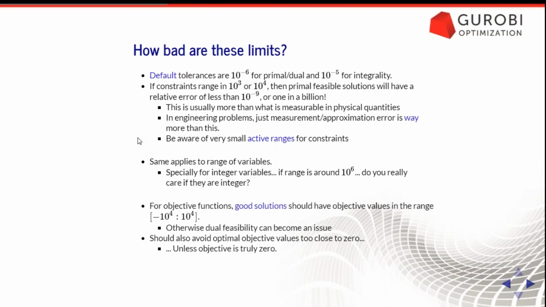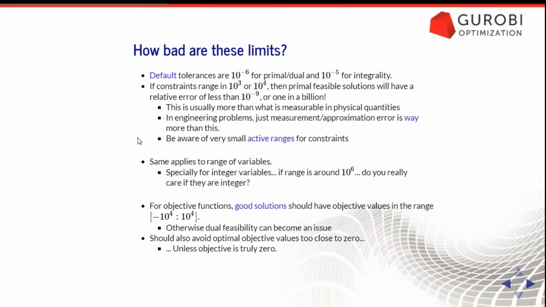What about the objective functions? Again, the same applies, because remember, whenever you are looking at feasible solutions, you also have to check the duality conditions to really state that the given LP solve is optimal. So what I recommend is to gear your problem so that the optimal solution is in the range of either minus 10 to the 4 or 10 to the 4.